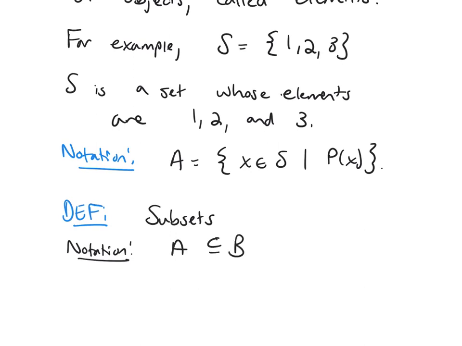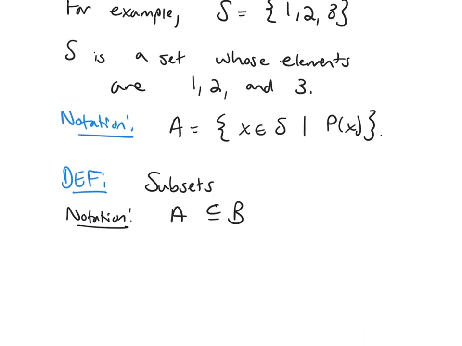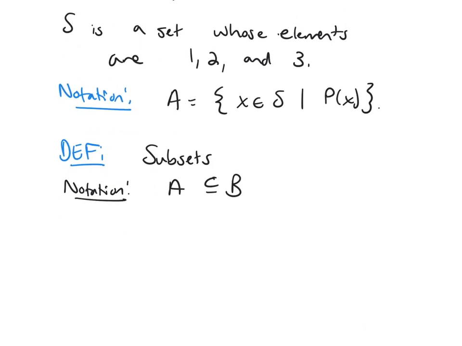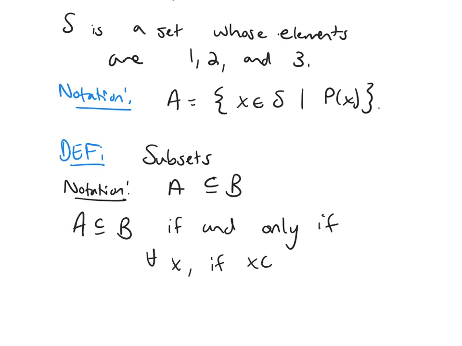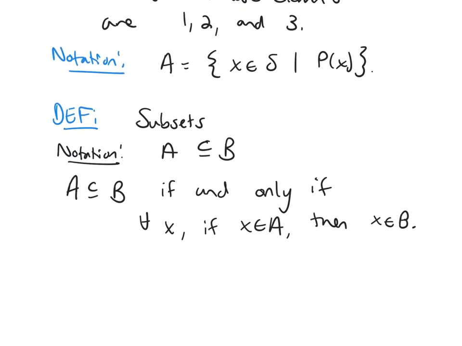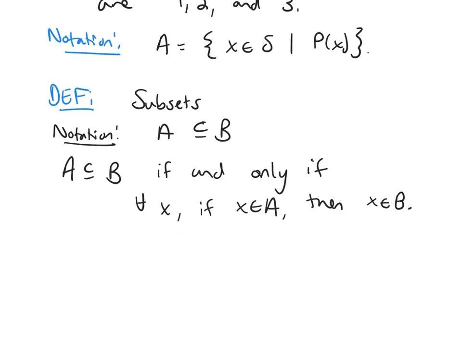A is contained in B. We would say A is a subset of B if and only if for all x, if x is in A, then x is in B. So basically every element of A has to be an element of B as well.